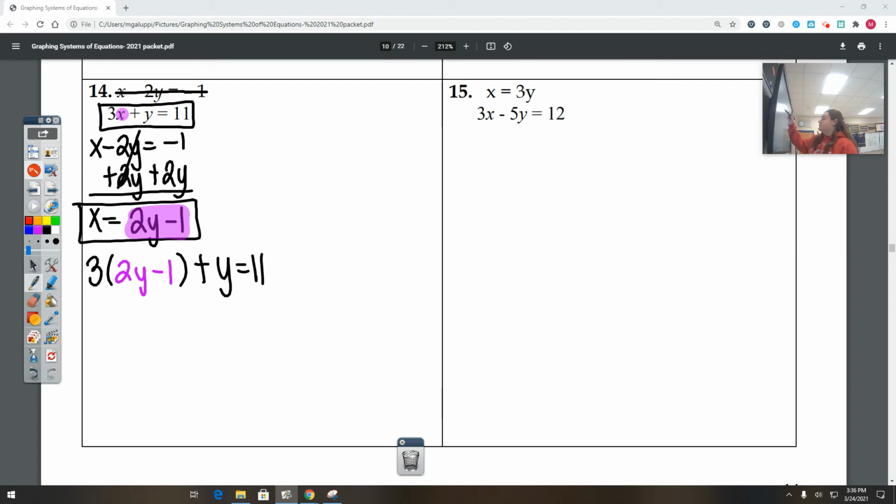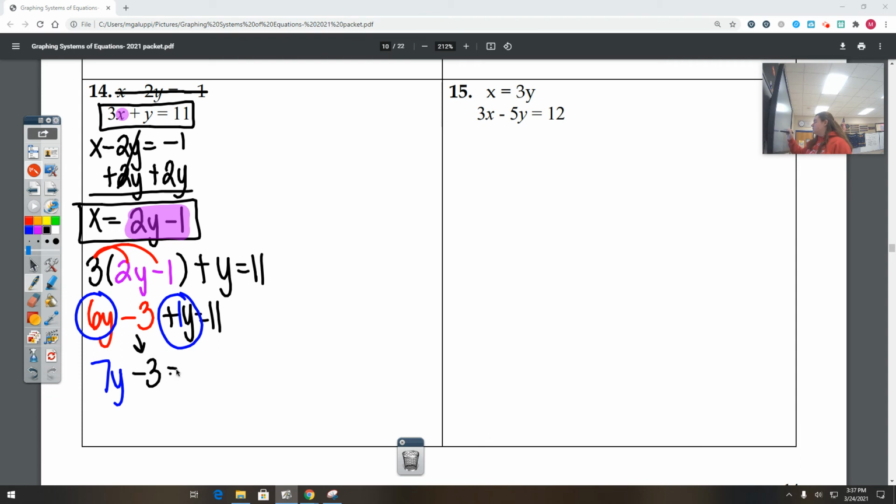I'm going to distribute the 3 first. 3 times 2y is 6y, and then 3 times negative 1 is minus 3. Bring down the rest, plus y equals 11. Now I'm going to combine like terms again. I have 6 y's and 1 y, which is 7 y's total. Then, of course, the minus 3 equals 11.